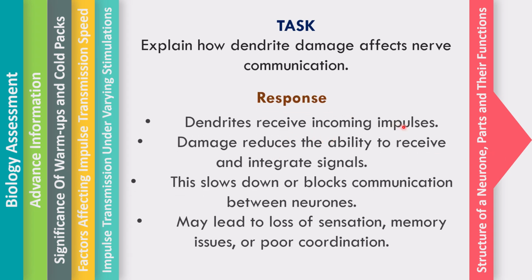Dendrites receive incoming impulses. Damage reduces the ability to receive and integrate signals. This slows down or blocks communication between neurons and may lead to loss of sensation, memory issues, or poor coordination.